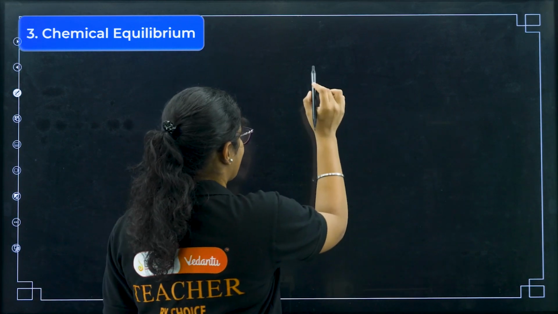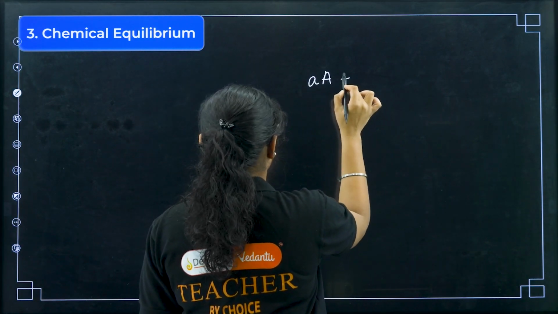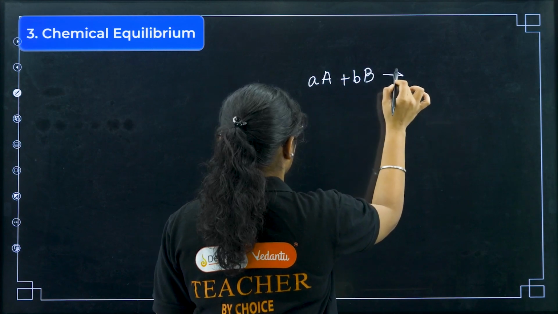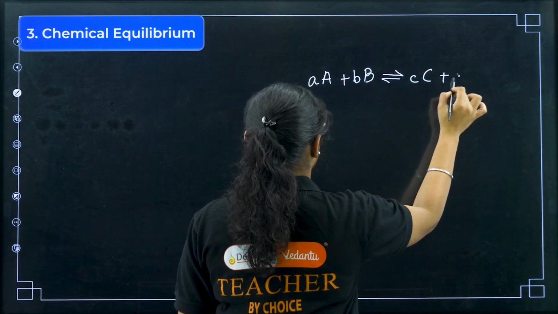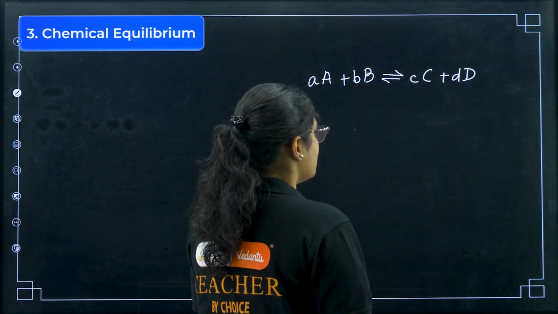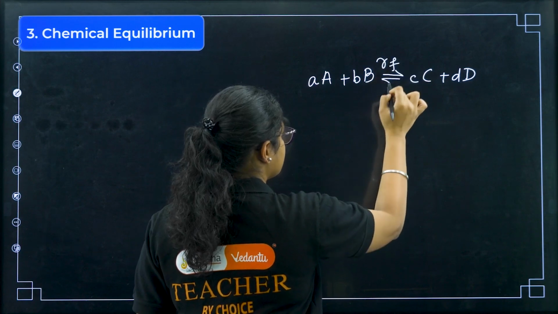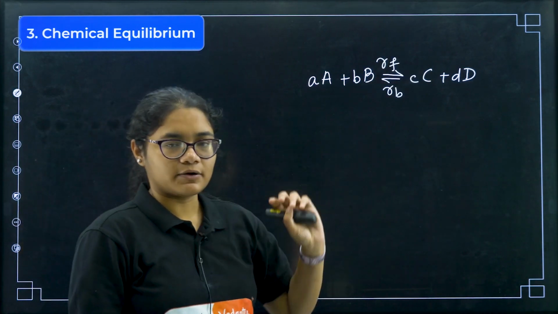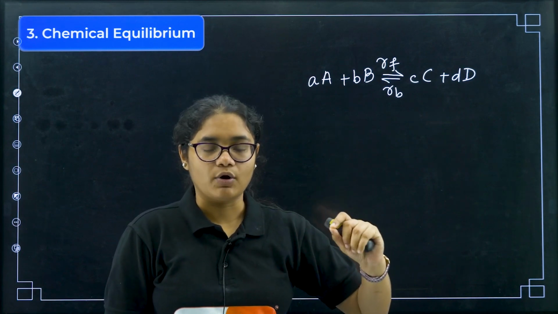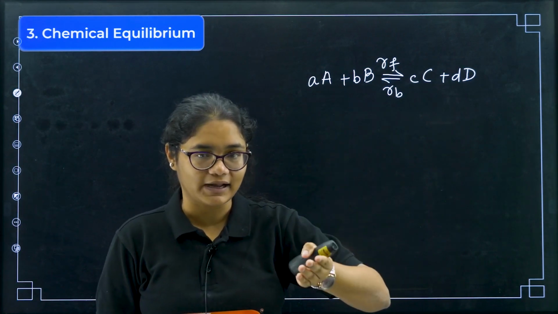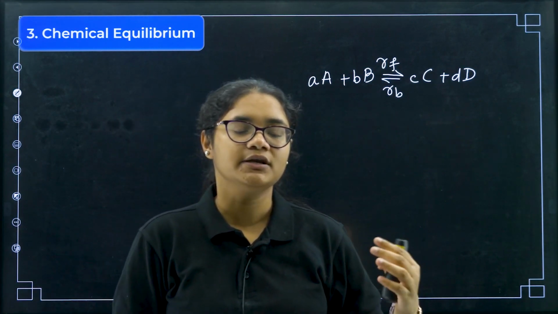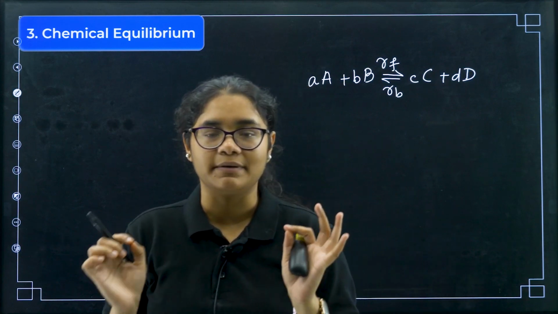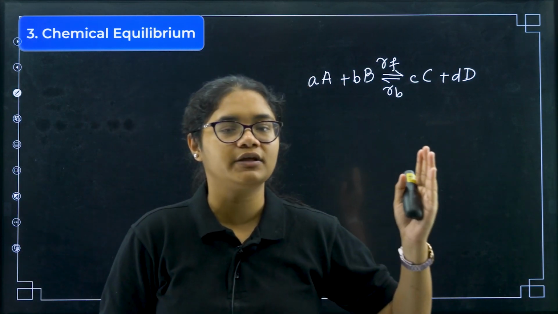Now see, suppose I have a chemical reaction aA plus bB gives you cC plus dD. Now this is the forward reaction and this is the backward reaction, right? The forward or the backward reaction always depends on the rate of the forward reaction and the rate of the backward reaction, and any rate is always dependent on the concentration of the reactants.